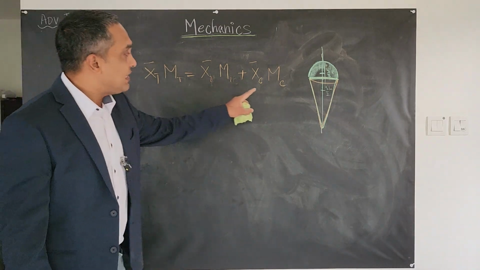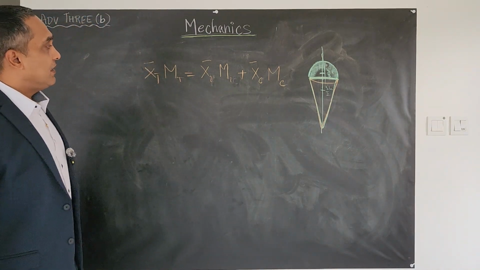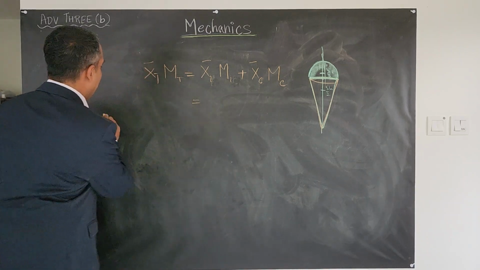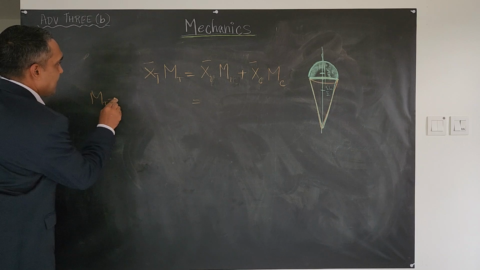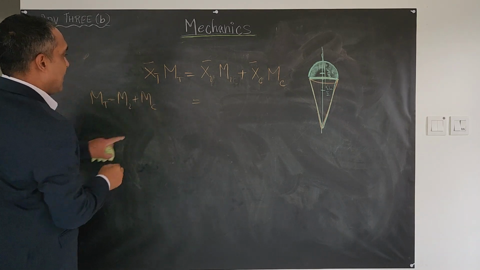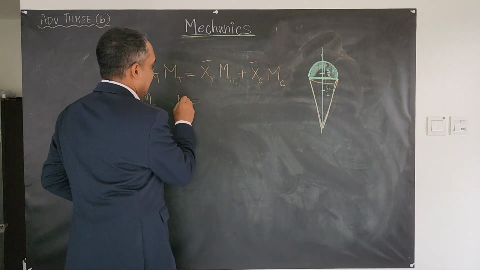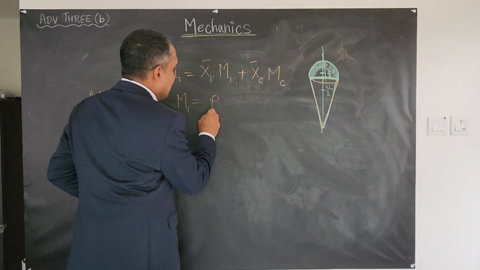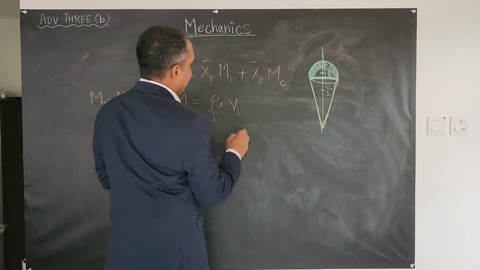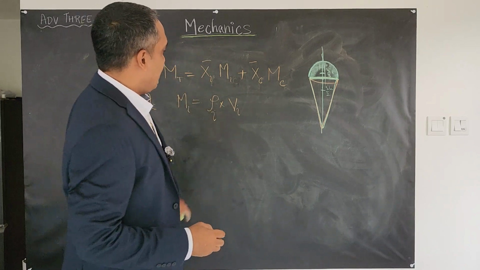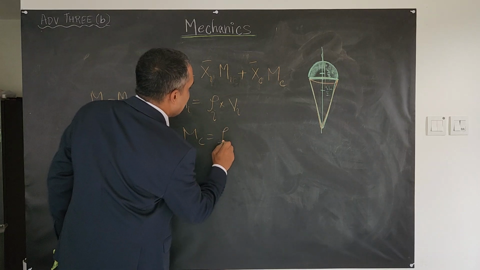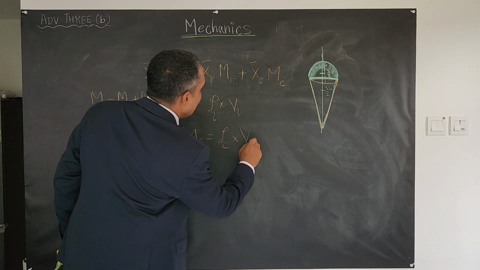So you have two different densities. That would be more simply written as m total is equal to m i plus m c, and then m i is equal to density of ice cream times volume of the ice cream, and m of cone is equal to density of cone times volume of the cone.